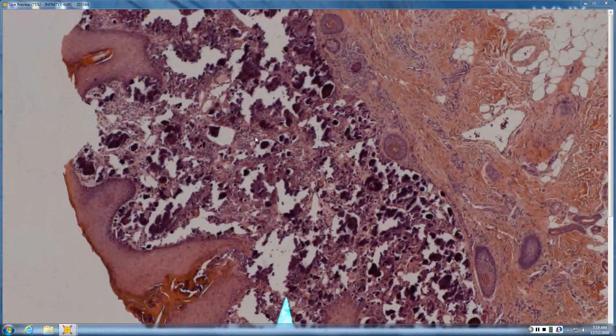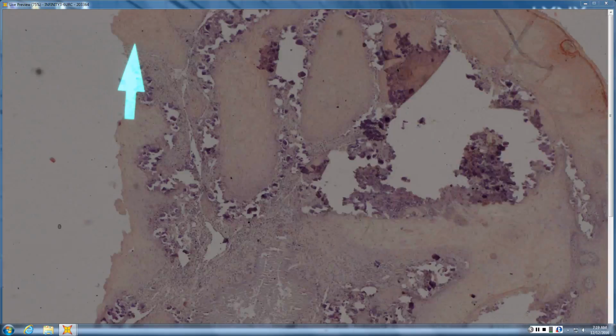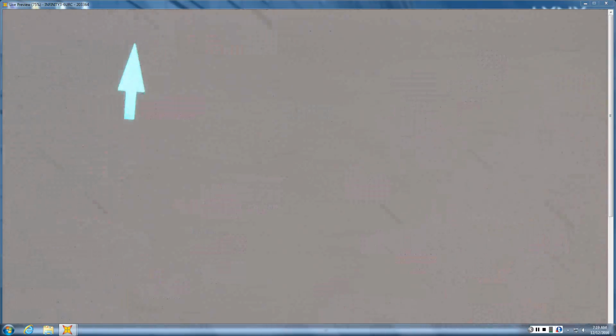You have calcium deposited subepidermally and kind of maybe being eliminated transepidermally. I think the other one is a better slide. That's better stained.